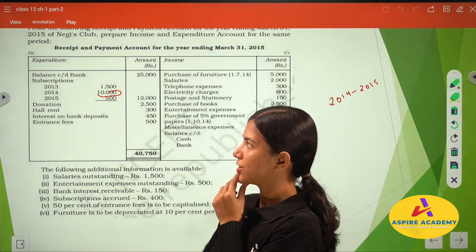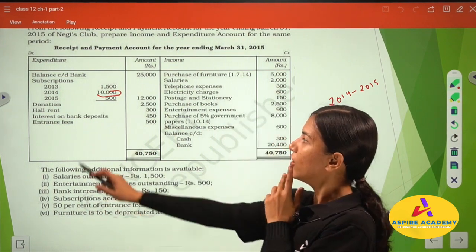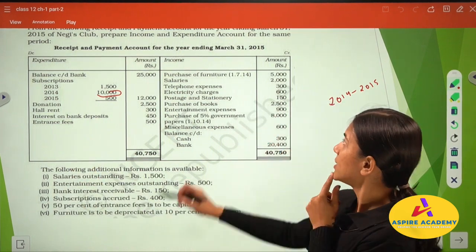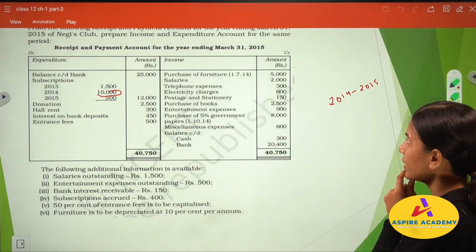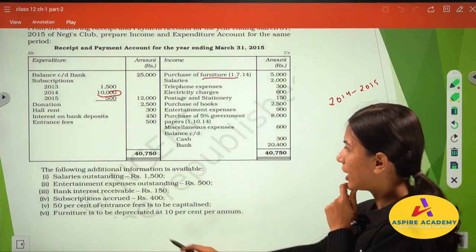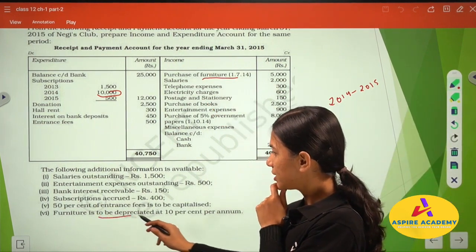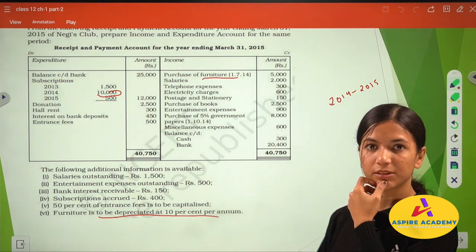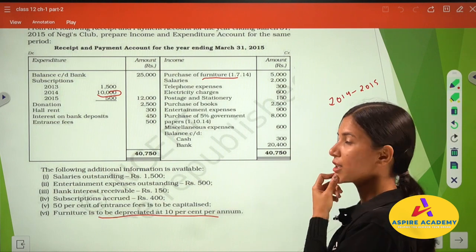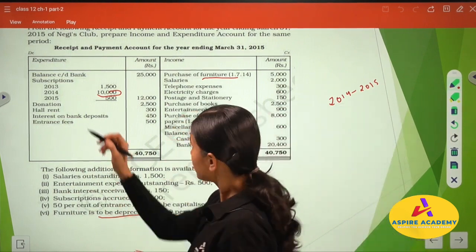Then you have your donation. We will be recording this, hall rent, interest on bank deposit, entrance fees. Similarly in this side, purchase of furniture. For this, the furniture is to be depreciated at 10% per annum. So the depreciation we will be showing on your expenditure side.